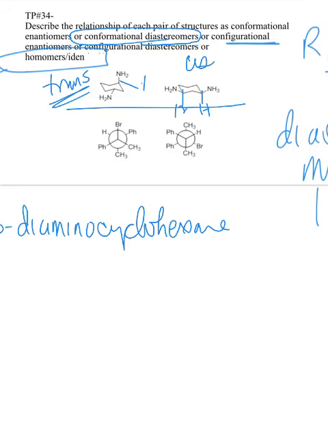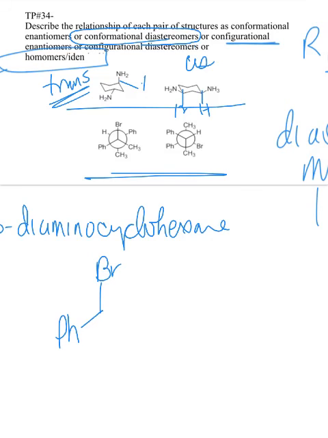I'll keep my thoughts. Okay, so the next one, what do we have here? The relationship between these two. Well, let's see, I'm going to go ahead and draw it out. The phenyl, the bromide.